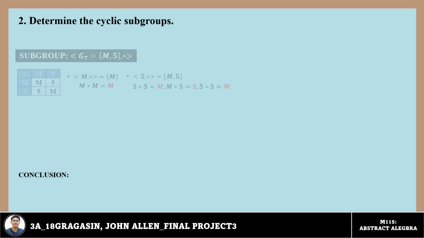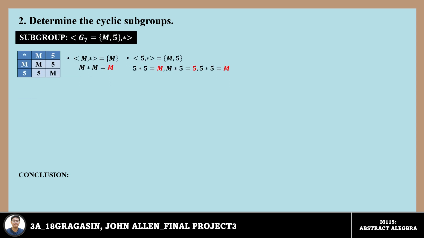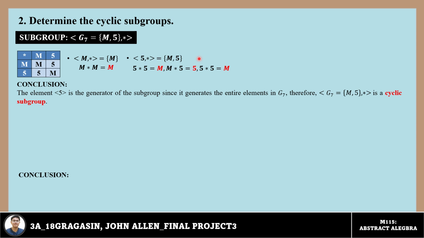Next, we have here the subgroup G sub 7 with elements M and 5 under the binary operation. As you can see here, the element 5 generates the entire subgroup G sub 7. Therefore, we can conclude that G sub 7 is a cyclic subgroup since it has at least one generator, which is the element 5.